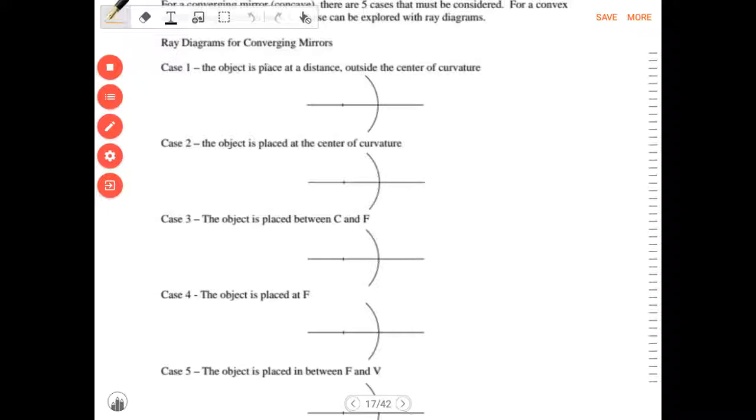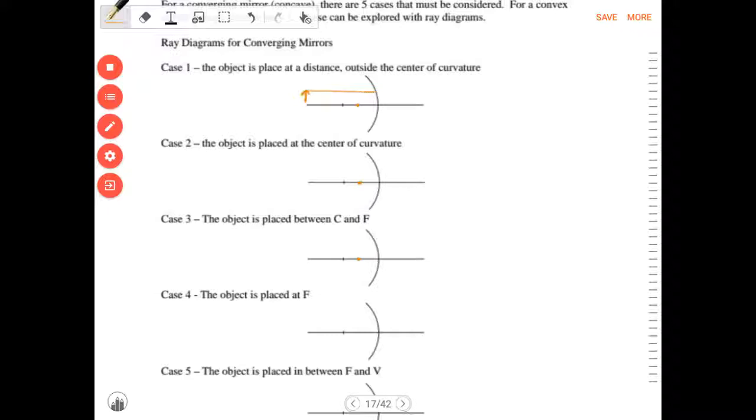Case 1, the object is placed at a distance outside the center of curvature. So remember, the center of curvature is that little dash, so we're going to put the object way over here. Now I'm going to draw as straight as I can. Remember, you guys should use a ruler. So if we draw the first line, that goes straight out, and then through the focal point. Now remember, that little dot is the center of curvature, so I should have put that tick on there for you.